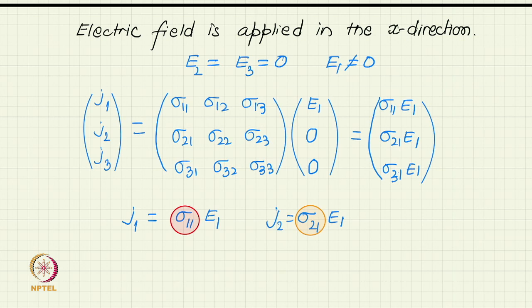Electric field in direction 1 to current density in direction 2. And finally, the third relation relates the electric field in direction 1 to the current density in direction 3.